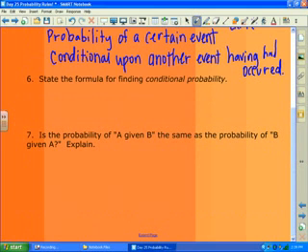Okay, good. State the formula for finding conditional probability. Okay, let's say this. Probability of, and I'm going to write A's and B's, but you naturally understand it as SpongeBob in high school. So the probability that you like SpongeBob given that you are in high school would be the probability of what?